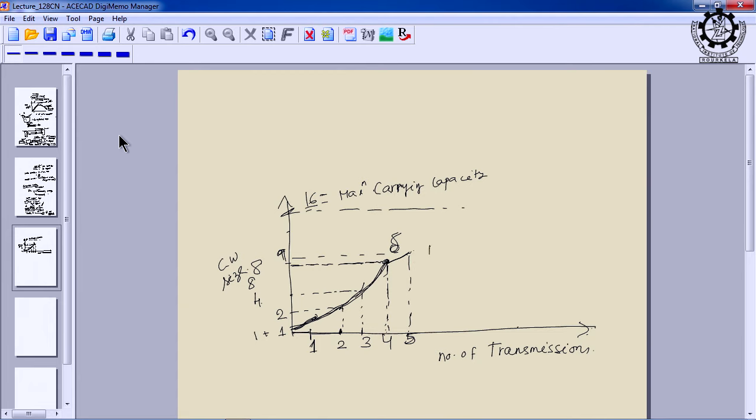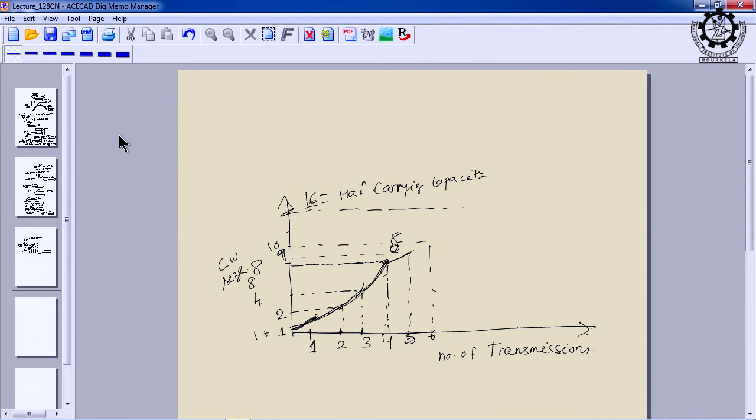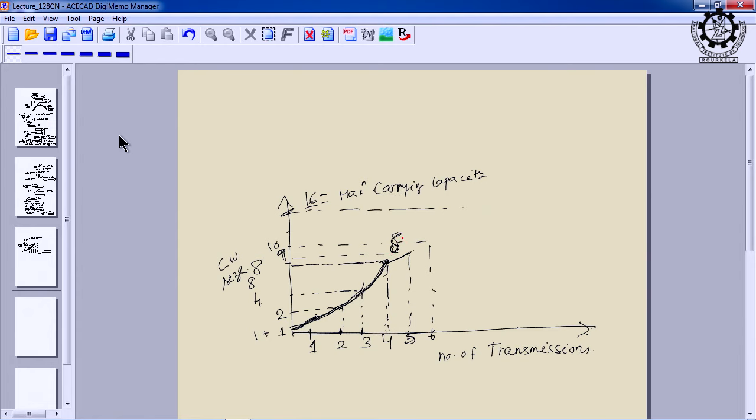Similarly, for the next one, it will be equal to 6, then 10. So, your increasing strategy says that till the threshold value, the total number of segments delivered into the network increases exponentially, and when it reaches the threshold, this occurs only for every acknowledgement, that means every successful transmission.